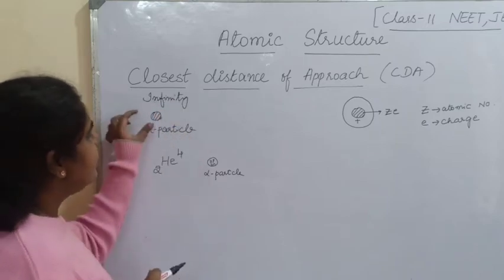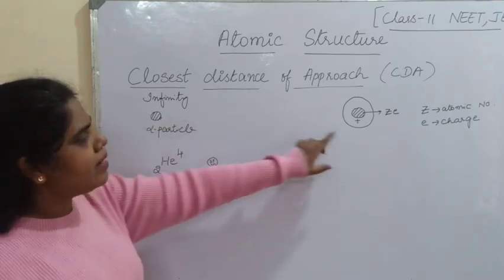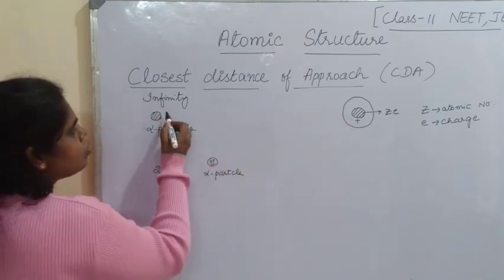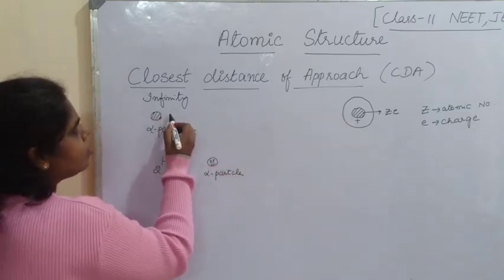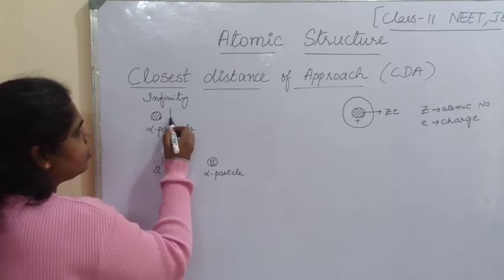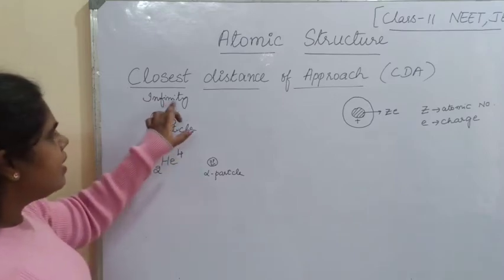If it is at infinity, there is no attraction or repulsion between the alpha particle and the nucleus. Let us take this position at infinity as position 1.